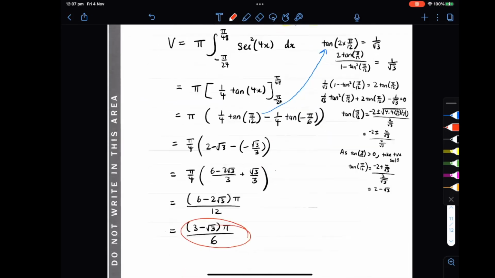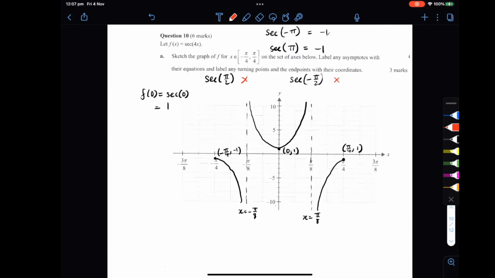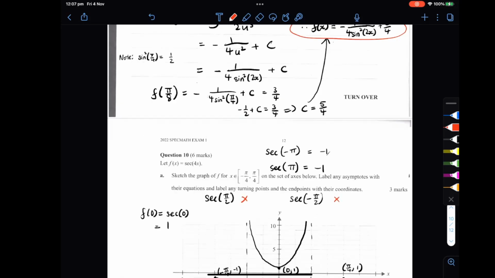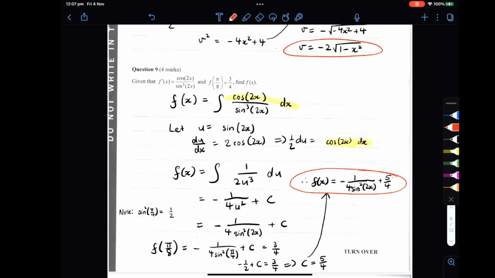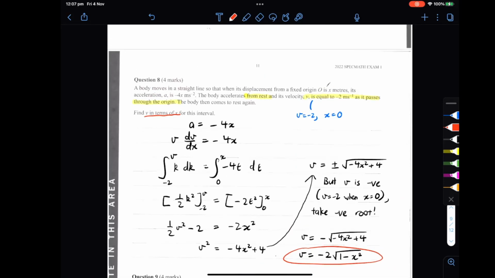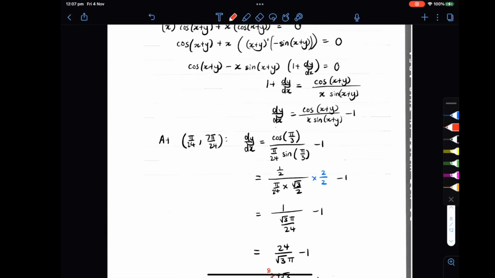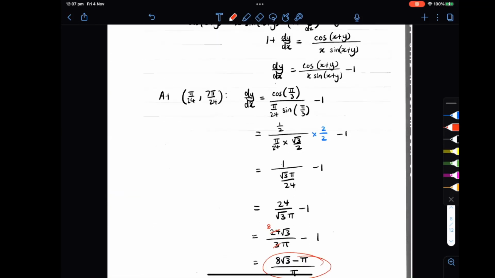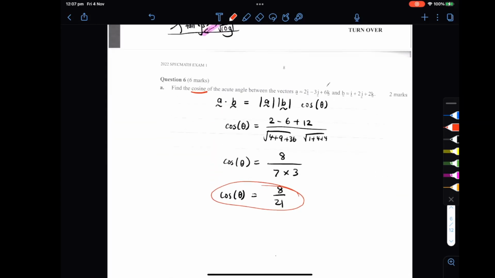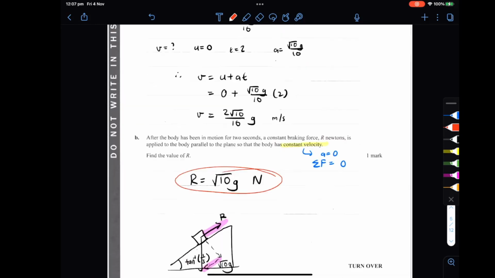Okay, let's check. We got this. Turning points and endpoints, yep. Yep, this looks fine. Does that form look fine? Yep. Yep. Yep, this is okay.